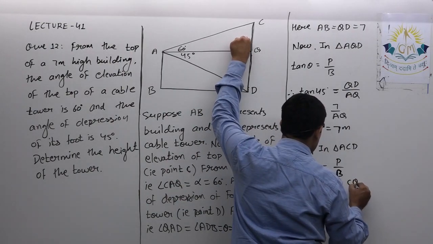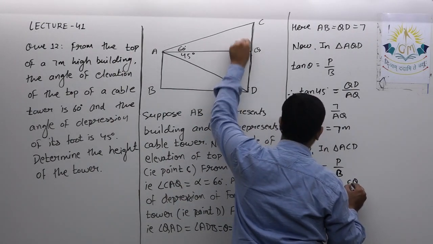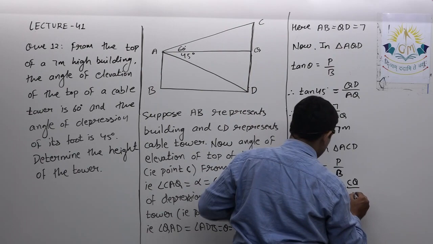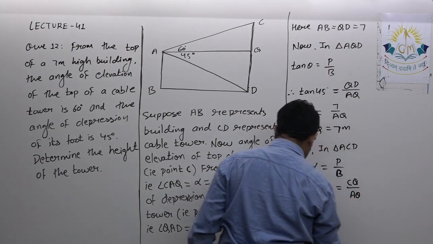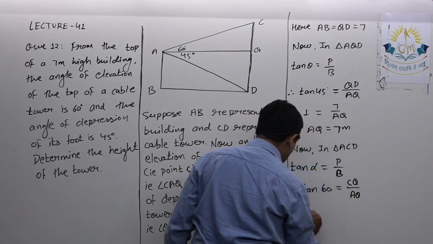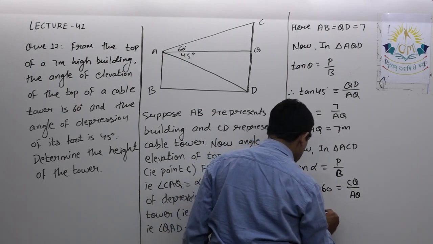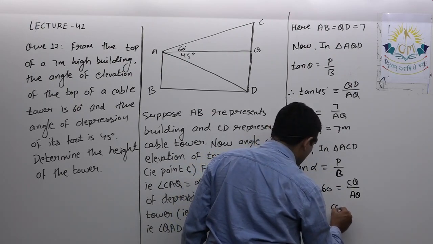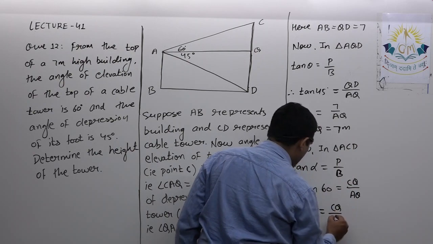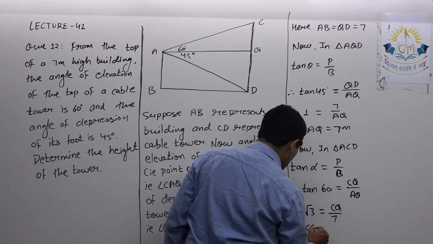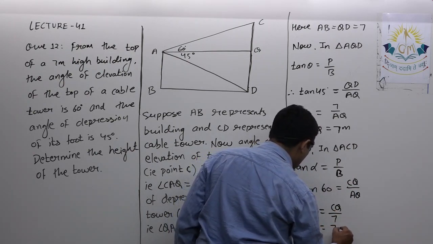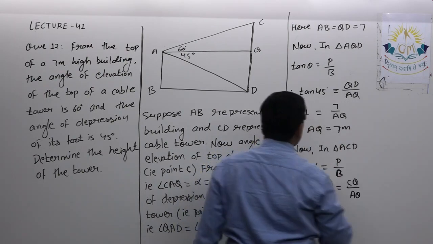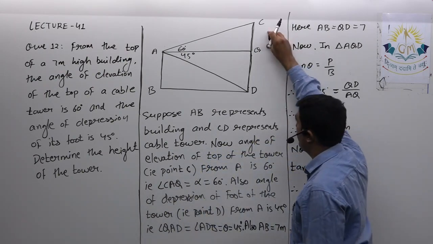Perpendicular is CQ, and base is AQ. Now tan 60 is root 3, CQ we need to find, and AQ we obtained as 7. So here I can say CQ is equal to 7 root 3. So now we got the length of CQ.